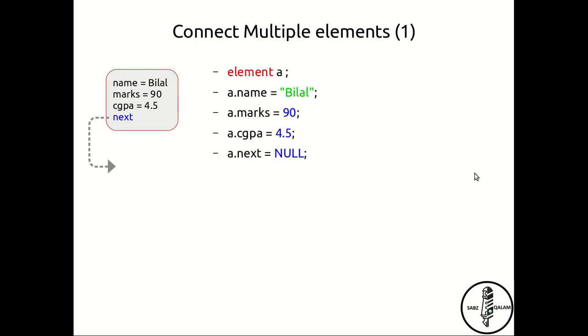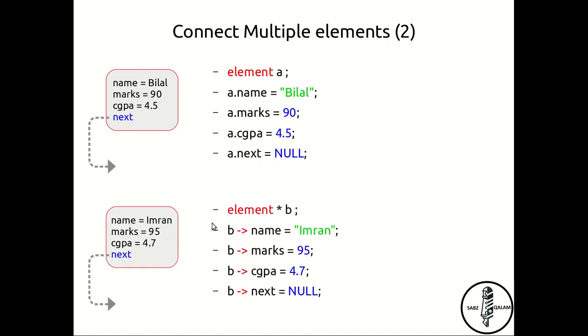But there is more than just one way of doing something. Here I'm presenting another way of doing the same thing. Here is another component of the linked list. Here I'm accessing it indirectly. Before, I was accessing it directly, so the whole structure was of the name A. But here I'm accessing the whole structure through a pointer B. So element pointer B. Now the name that B points to, using a minus sign and a greater than sign, which together become a pointer or our arrow.